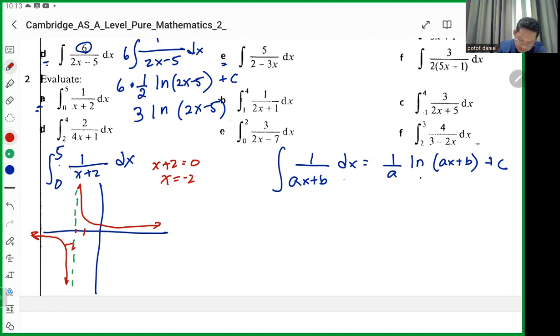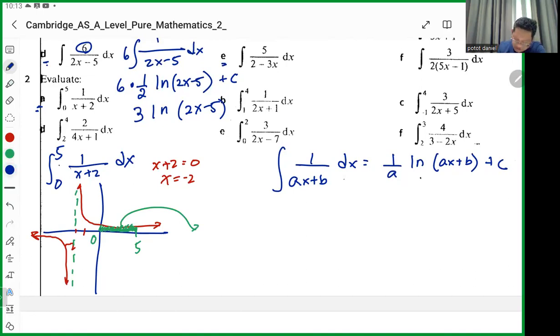So if this is your 0 and that is your 5, you are actually looking for the area bounded by these two lines, x equals 0 and x equals 5. That region is equal to the integral of this one. So let's compute the integral.